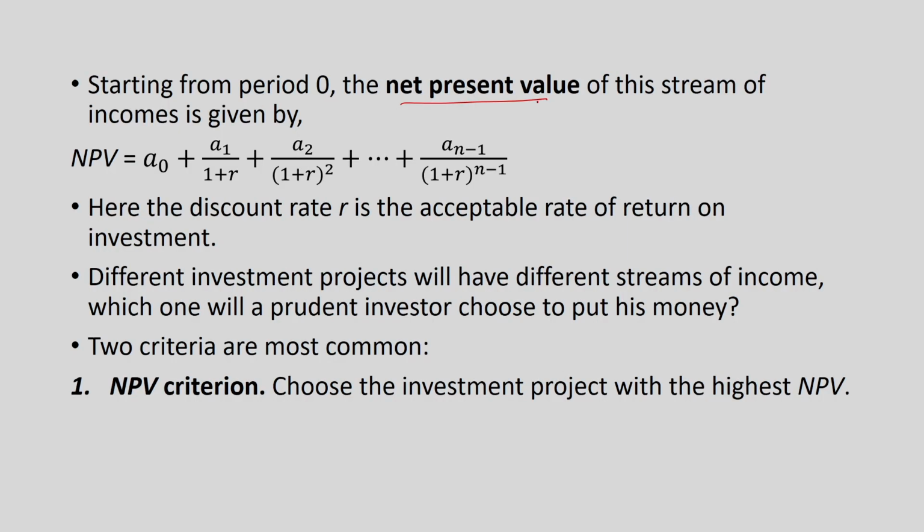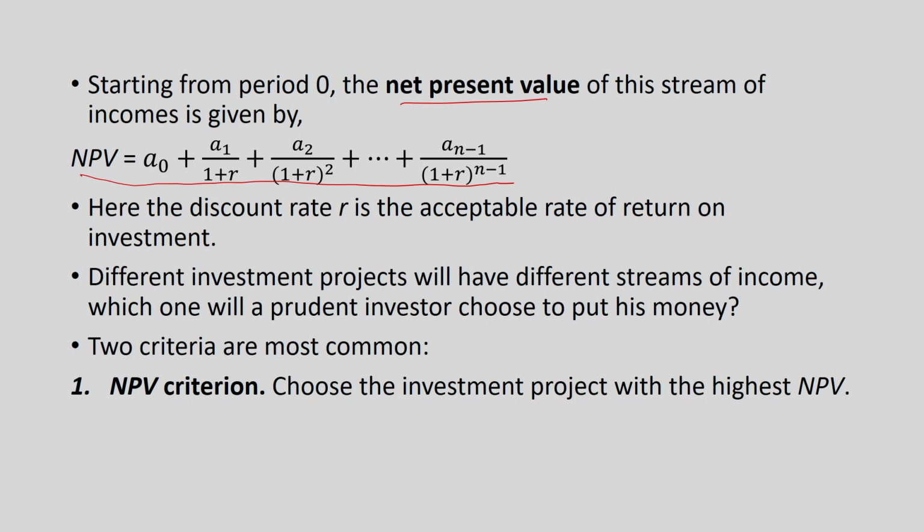Now, starting from period 0, the net present value of this stream of income is given by NPV, this expression. This is similar to what we have seen before, present discounted value.